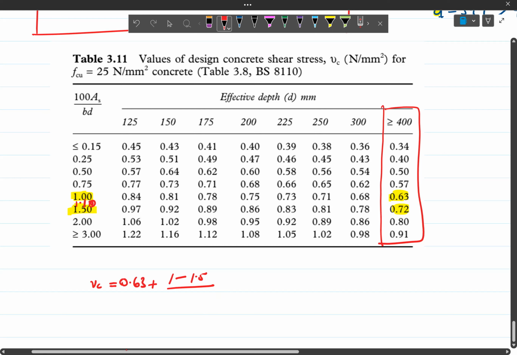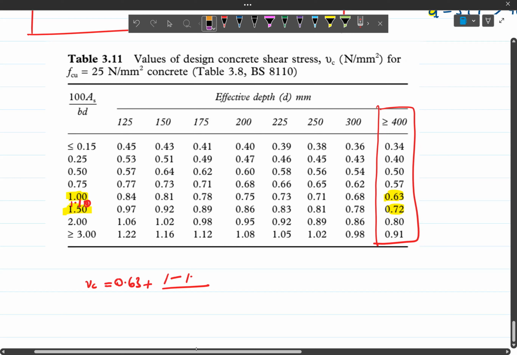All right, plus 1 over 1 minus 1.0, 0.0, then 1 minus 1.5 times 0.63 minus 0.72.